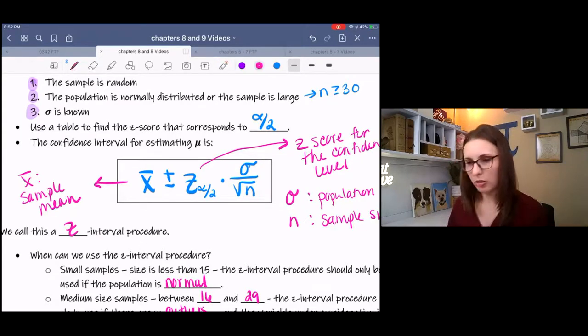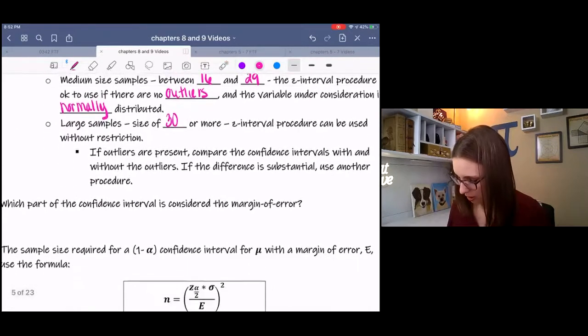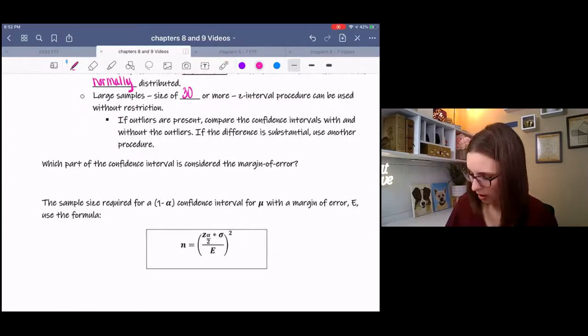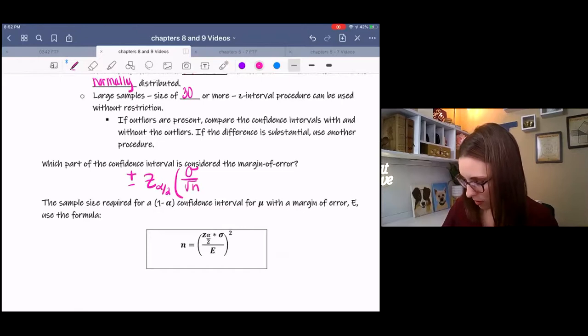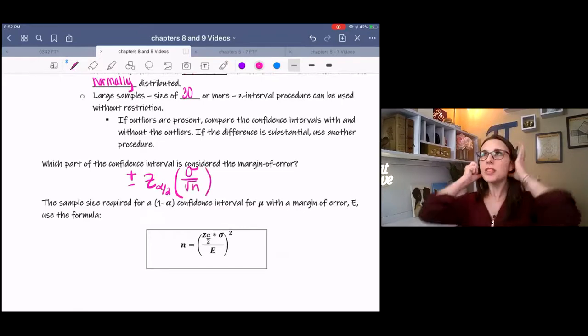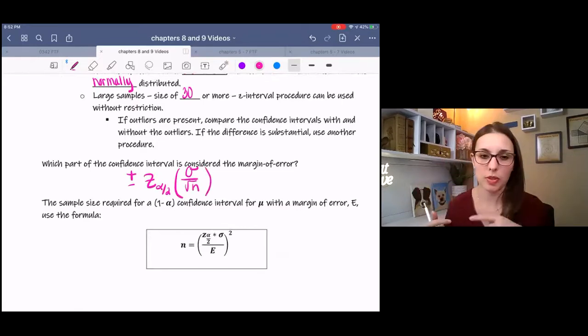So that gives us our little wiggle room, if you will. So the part of the confidence interval that is a margin of error is the plus or minus z sub alpha over 2 times this stuff. The standard deviation for the sample mean is what that stuff is.